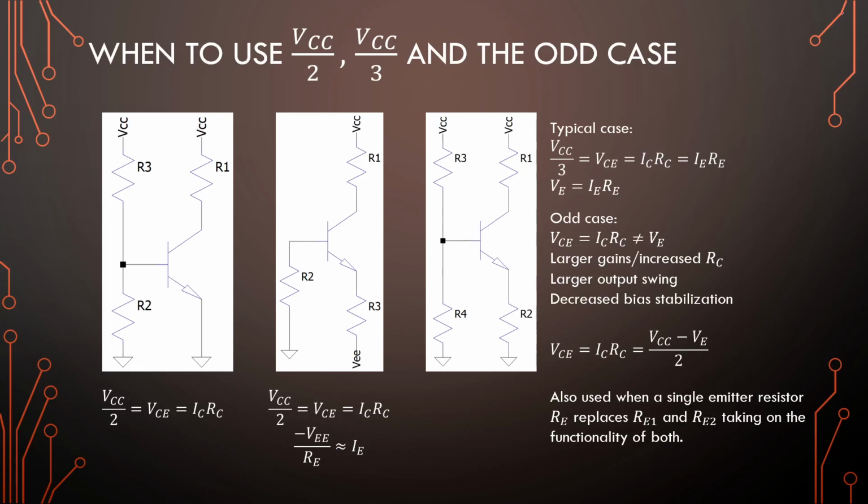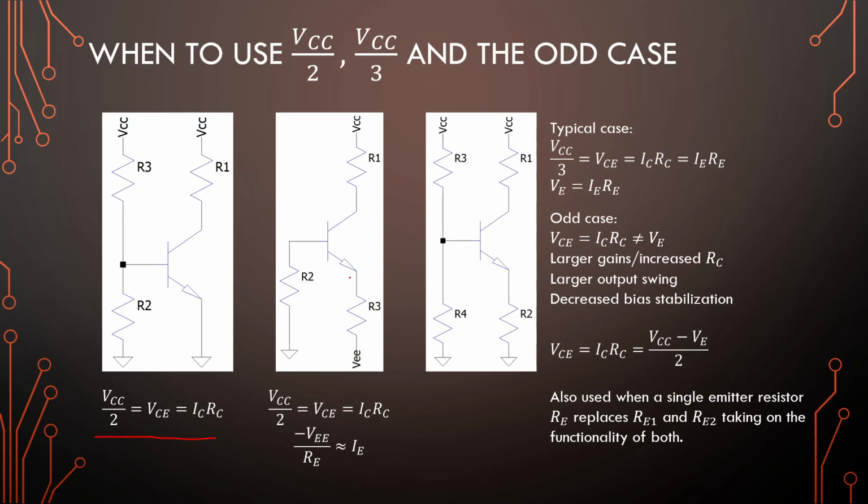Now, the year-old question that I've been answering a lot in my life is when to use VCC over 2, VCC over 3, and then there is the odd case. If you have a configuration where you only have 2 components on the output, dividing VCC between these two is kind of the obvious choice. Right.